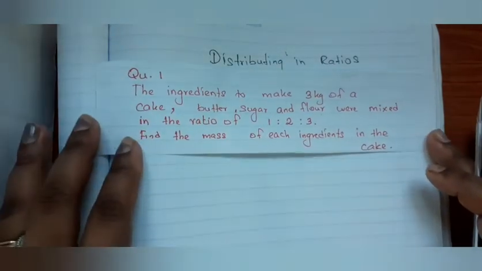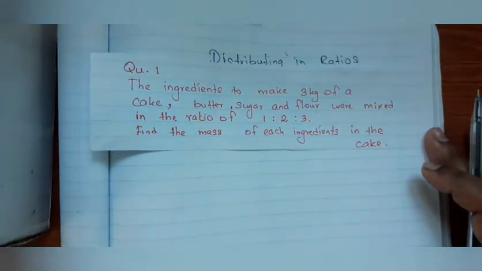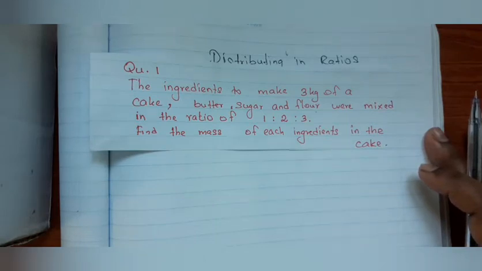The first question is: to make 3 kg of a cake, butter, sugar and flour were mixed in the ratio of 1 to 2 to 3. Find the mass of each ingredient in the cake.